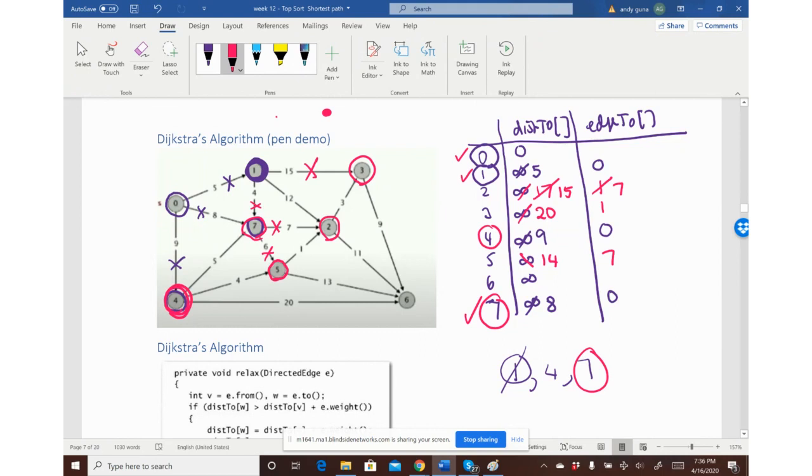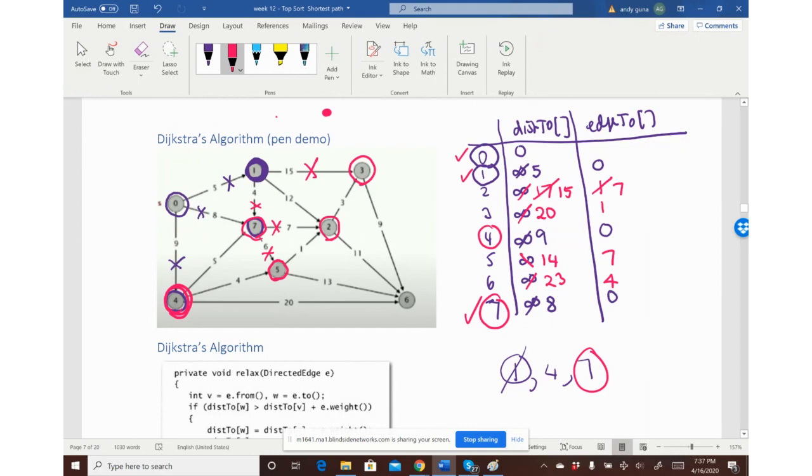Okay, I pick 4, and then I update 6, right? Because the distance to 4 is 9, plus the edge to 6 would now be 23, and that came from 4. Okay, so I did that, right?